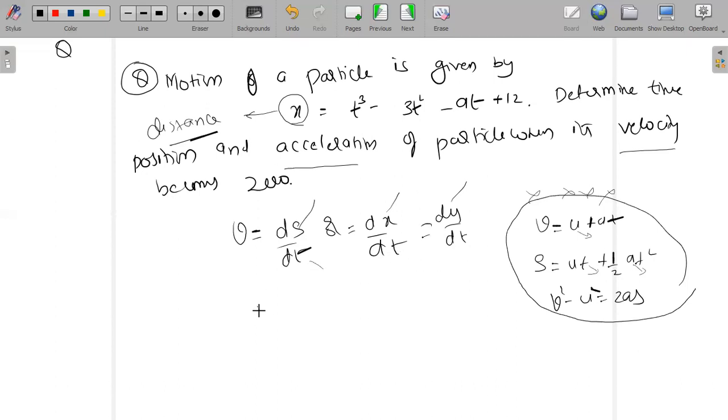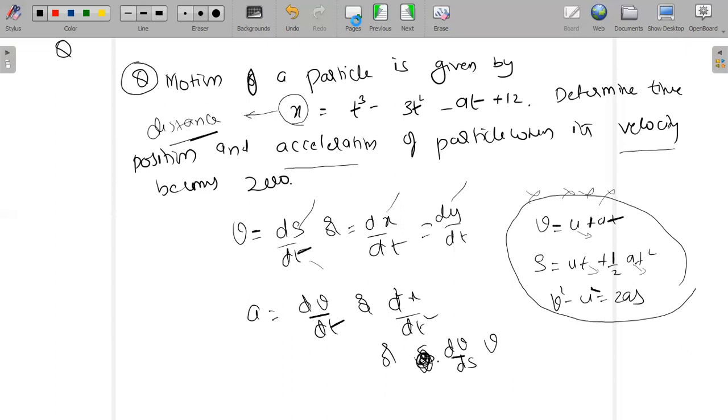Another formula we had is a is equal to dv by dt, or d square x by dt square, or v into dv by ds. Any of these three formulas should be used now.